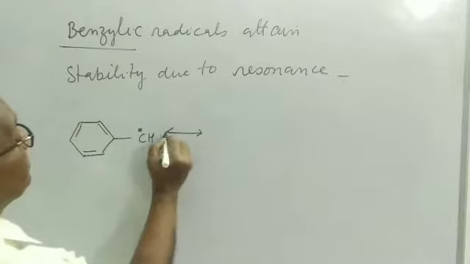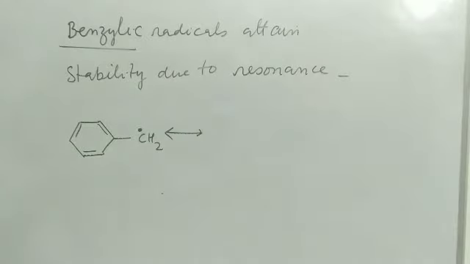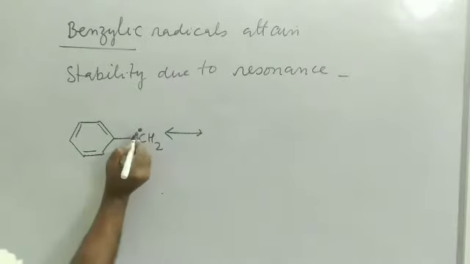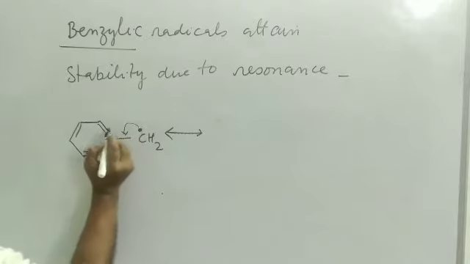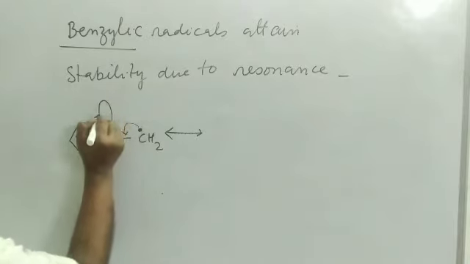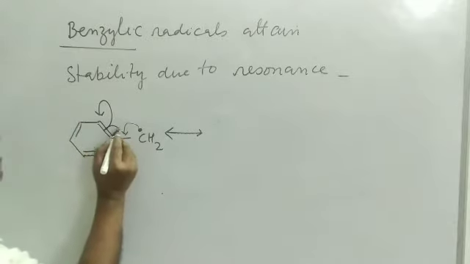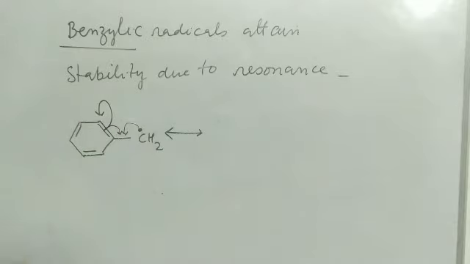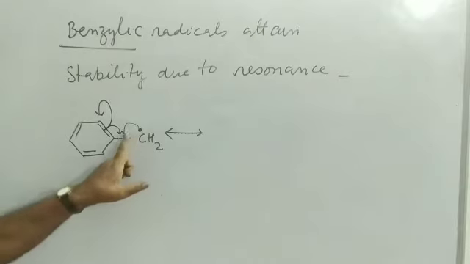See the resonance. Important to mention here. This comes over here, and this pi bond undergoes homolysis. One electron comes over here to form a bond, and the other goes on the carbon. So these free radicals migrate like this.